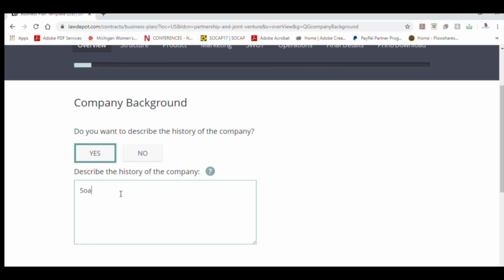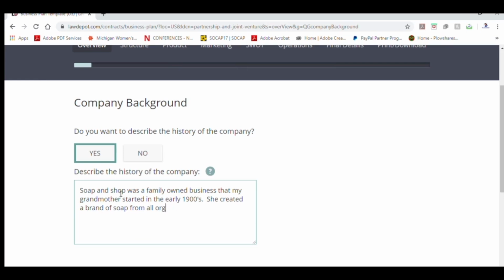Soap and Shop was a family-owned business that my grandmother started in the early 1900s. She created a brand of soap from all organic ingredients, and I'm just making this up.